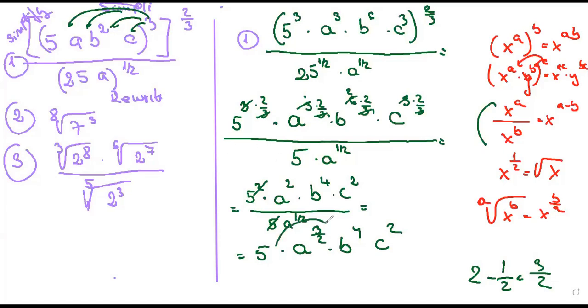Okay. This can be written as, I will not write, I just root A to the power of 3. Okay, that's another form, but the format that we got, it's okay.